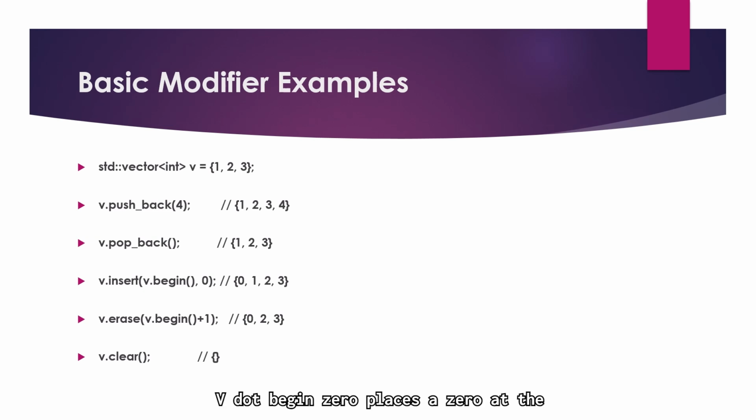Next, insert(v.begin(), 0) places a 0 at the beginning, while erase(v.begin() + 1) removes the second element. Finally, clear wipes the entire vector. Notice how intuitive this sequence is. Each line changes the vector in a clear and controlled way, but underneath there are performance and memory considerations we will soon explore.